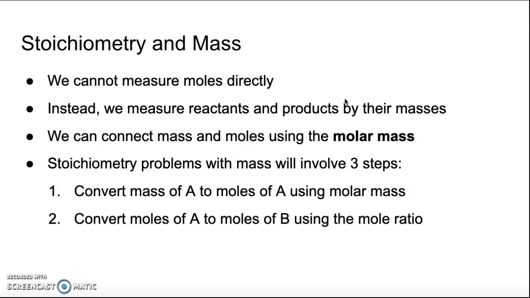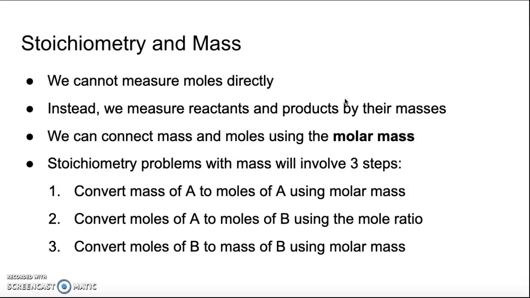Next, you're going to use that mole ratio that we talked about yesterday with the balanced equation to convert moles of substance A to moles of substance B. And then finally, you're going to take your moles of substance B and convert it back to grams, again using the molar mass. So we're going to use dimensional analysis again to complete each of these problems, but now they're going to have 3 steps.